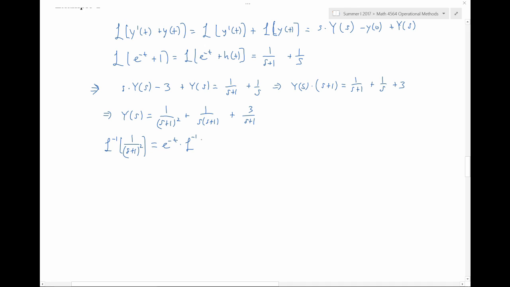But we still need the inverse Laplace transform of 1 over s squared. Well, we know what function has this as Laplace transform. It's just the function t. So this is just e to the minus t times t. Also, it's very easy to compute the inverse Laplace transform of 3 over s plus 1. That is simply 3e to the minus t. The last one is a little bit trickier.